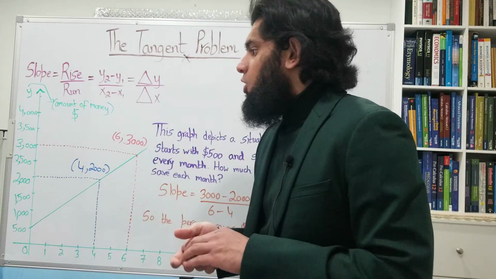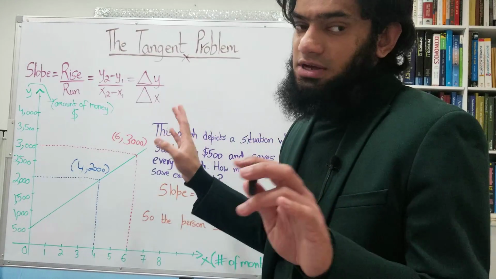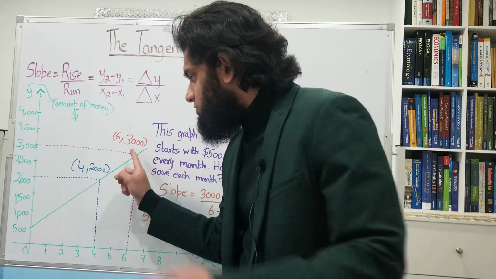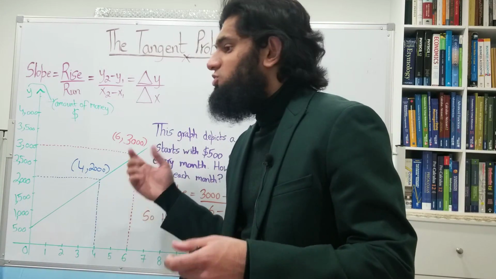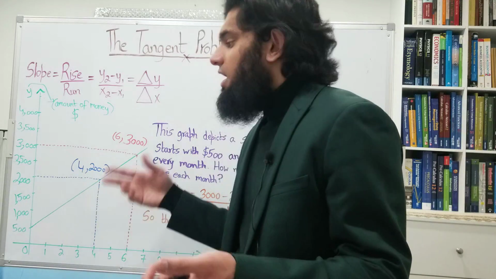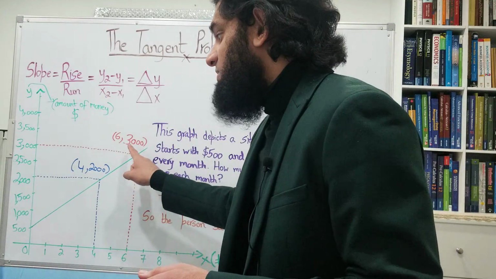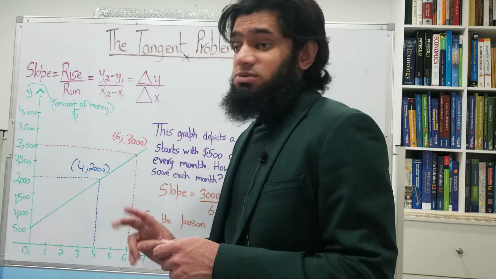That's important. We need 2 points on the graph, and in this case, I can choose any 2 points. Doesn't matter. But in this case, I've chosen this red point and this blue point. Either of these 2 points could be my first point, and either could be my second point. In this case, I selected my red point to be my second point, and my blue point to be my first point.